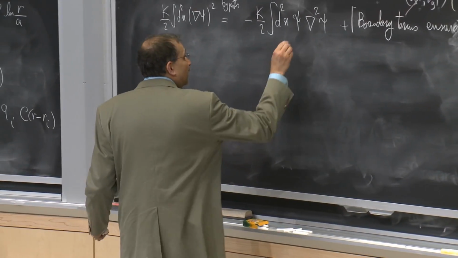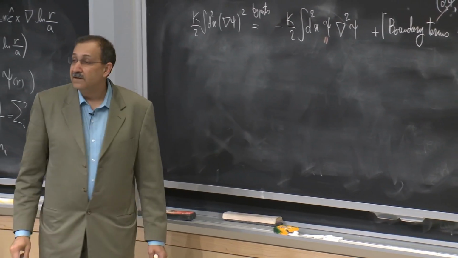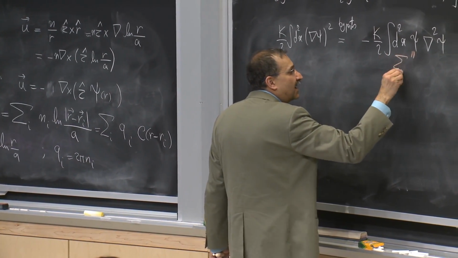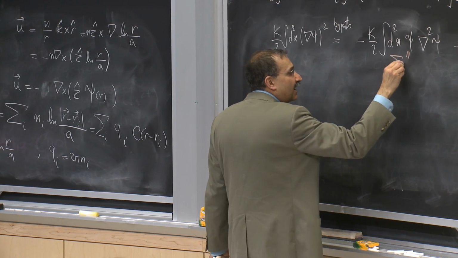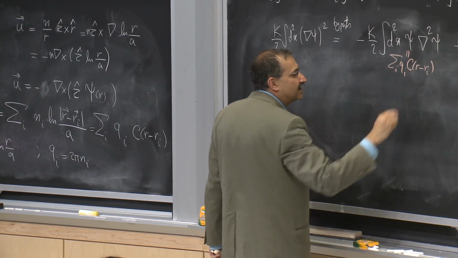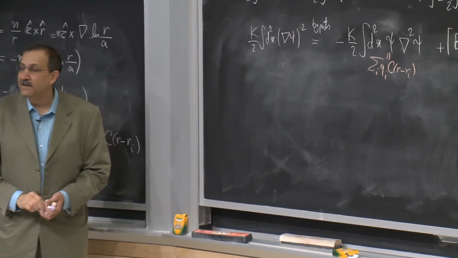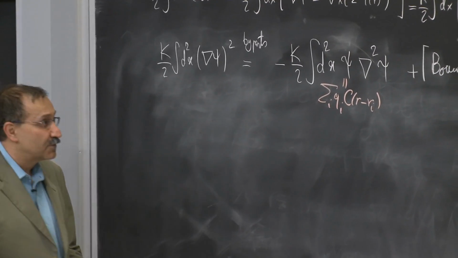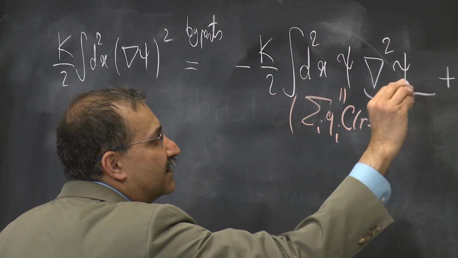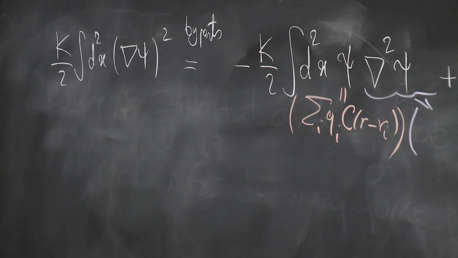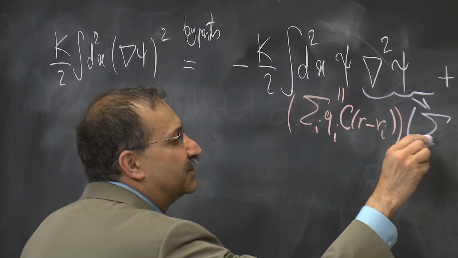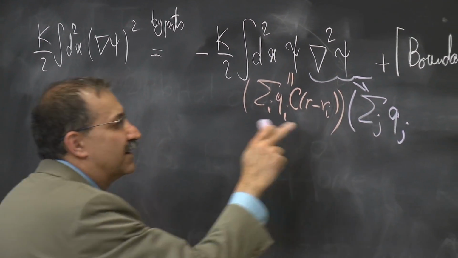Okay? Now our psi is what I have over here. It is sum over i, qi, this Coulomb interaction of r minus ri. And therefore, Laplacian of psi, taking the Laplacian of this expression, is a sum over j, qj.